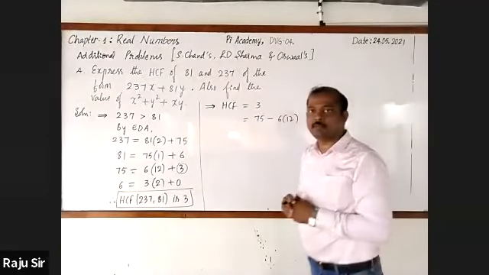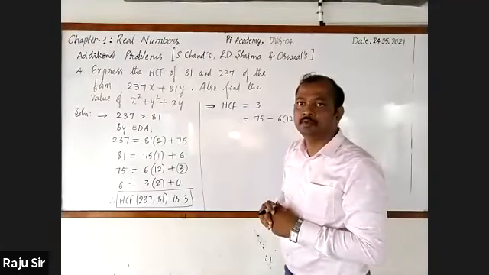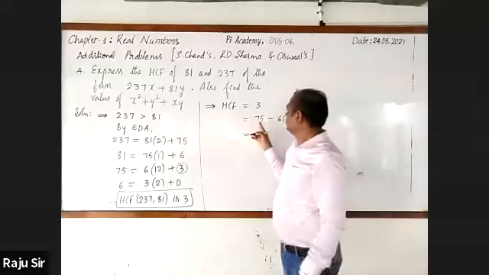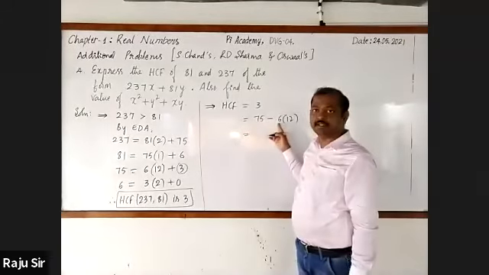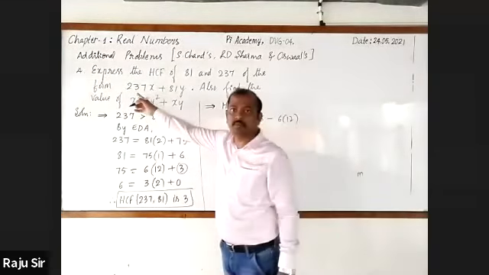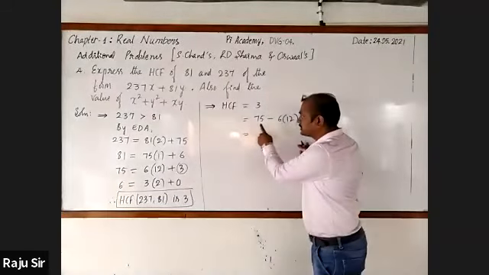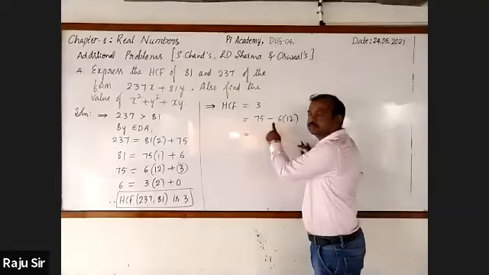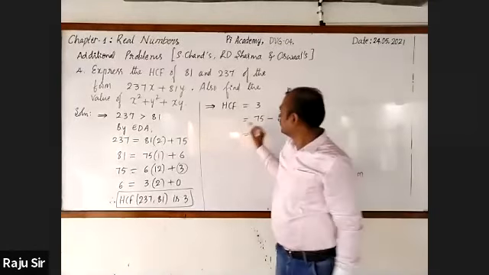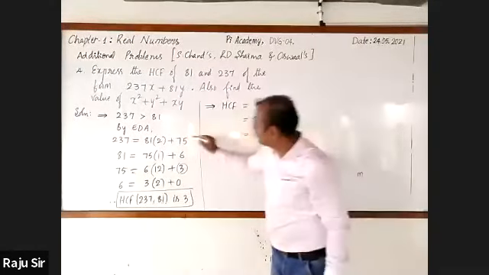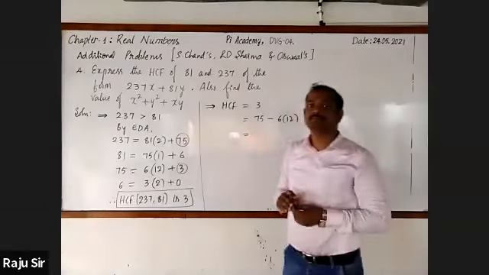Have you written the same? Yes, sir. Okay. Next. Now, here we have 75 and 6. But in the statement we want 237 and 81. Hence, we need to take substitution for both. 75 is in the first step.